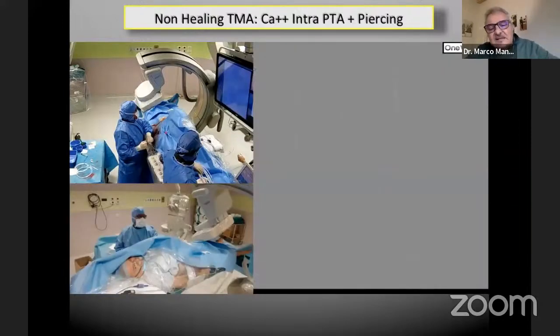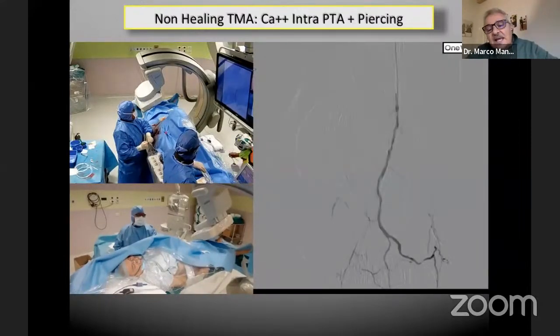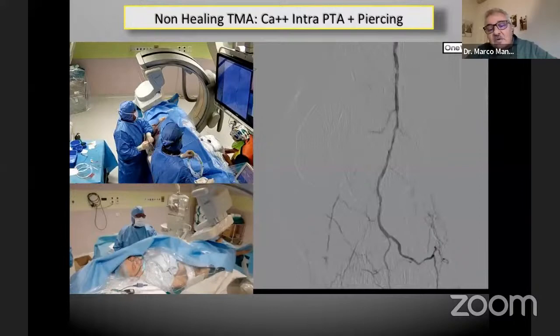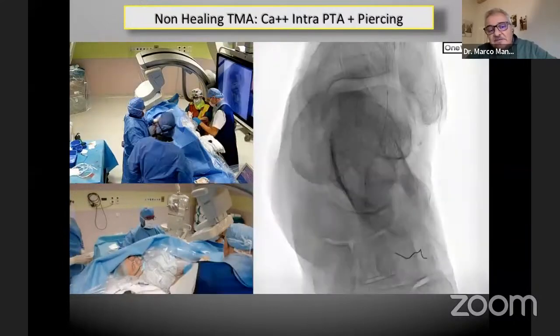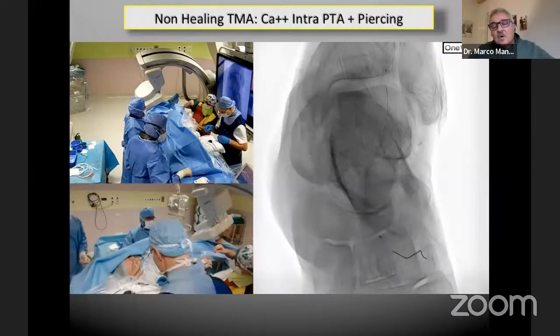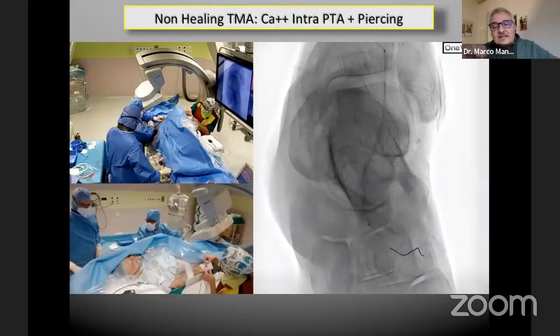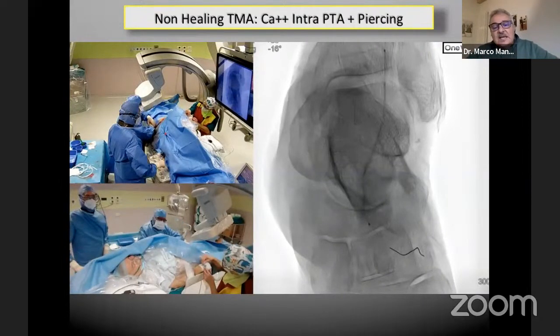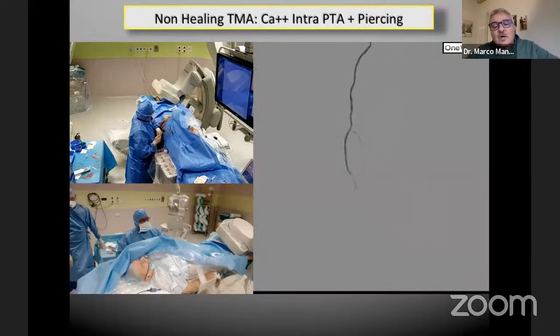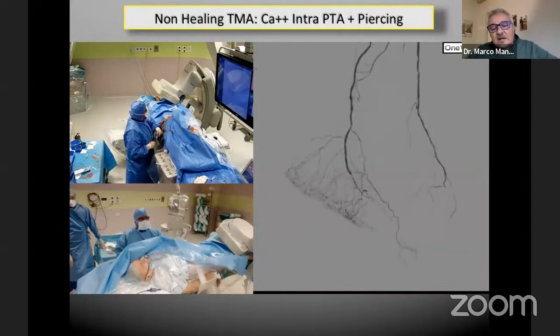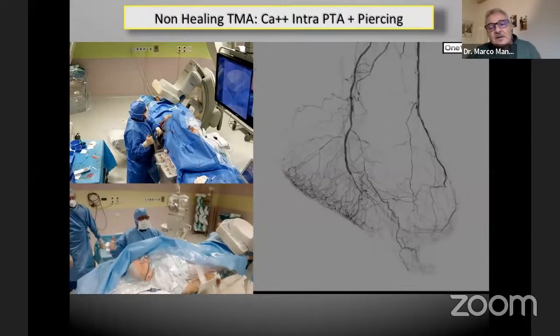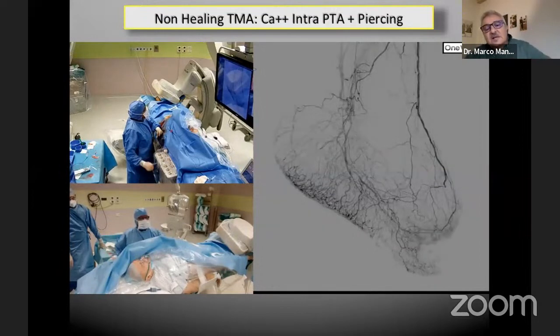In this case, my suggestion is to avoid dilating the vessel too much, because when we don't have a sufficient outflow, it's better to maintain an acceleration in the vessel in order to have a better perfusion aspect in the foot. And this is the final aspect from the groin of the revascularization.